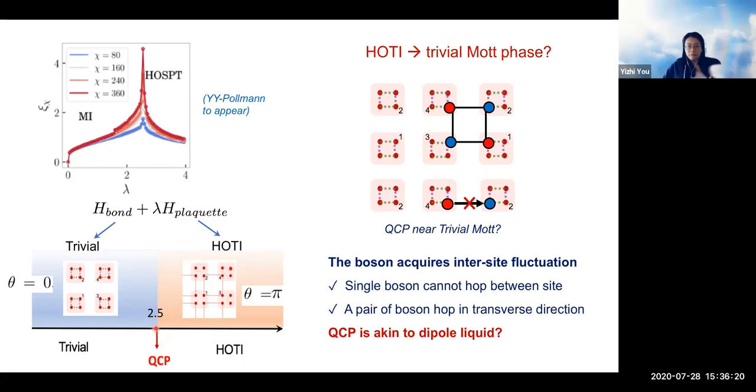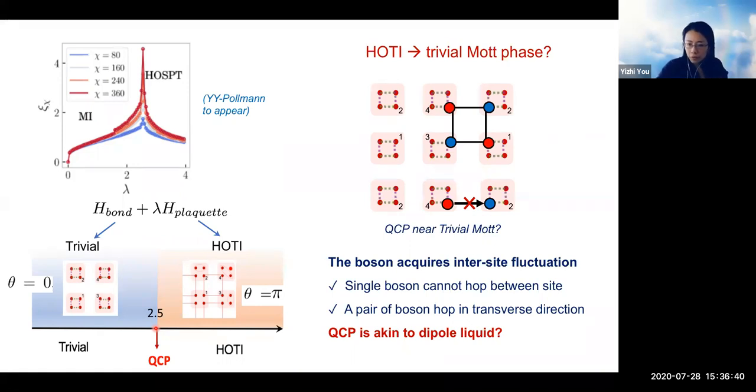This phase transition will be very exotic because on both sides we have exactly the same symmetry, the same subsystem symmetry, same time reversal, and even the same lattice symmetry. So this kind of phase transition is definitely beyond the Ginzburg-Landau paradigm. But let's see what happens in the quantum critical regime.